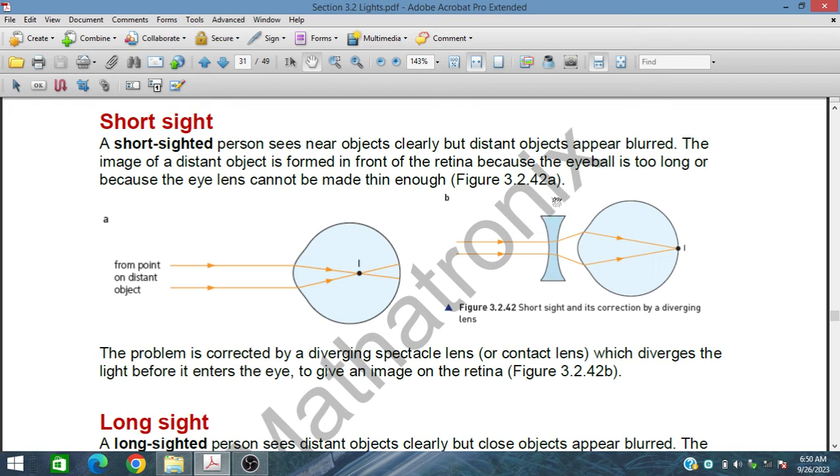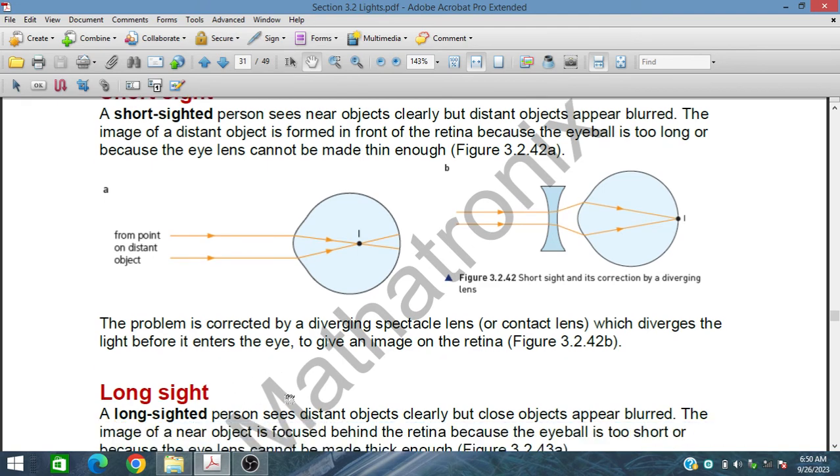So for short-sighted persons we use this, because a short-sighted person can see near objects easily, but far objects are difficult to see.